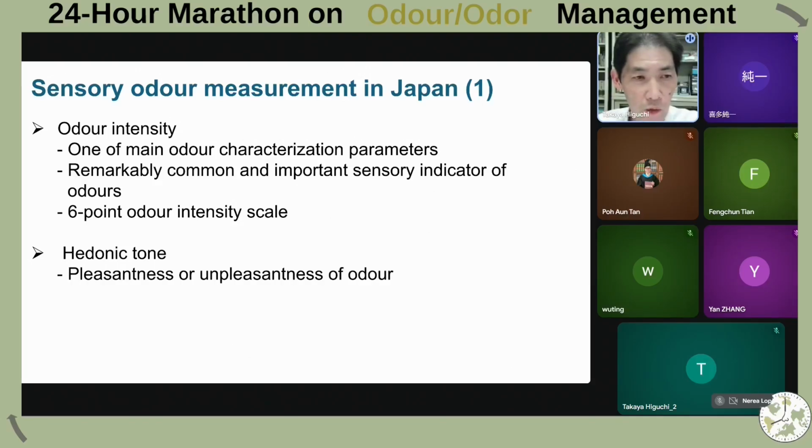In Japan, we use a 6-point odor intensity scale. The other odor measurement method is such as hedonic tone. Using this scale, we can measure pleasantness or unpleasantness of odor.